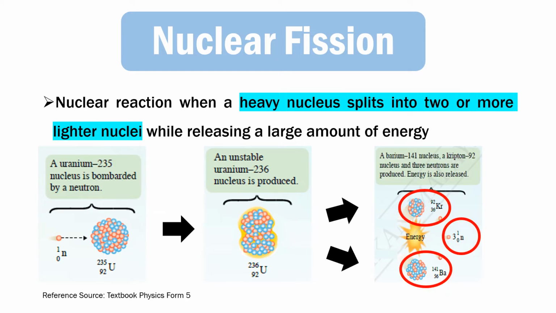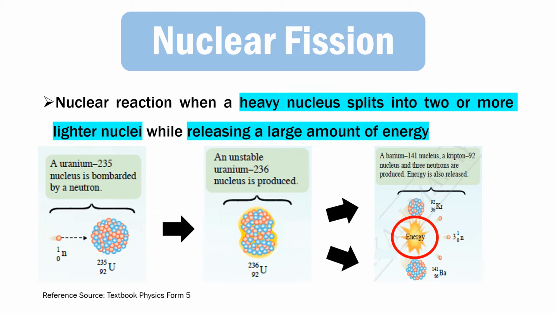Then the unstable nucleus undergoes the nuclear fission process, splitting into krypton-92, barium-141, and 3 neutrons. Besides lighter nuclei, energy is also released. And this is the full process of nuclear fission.